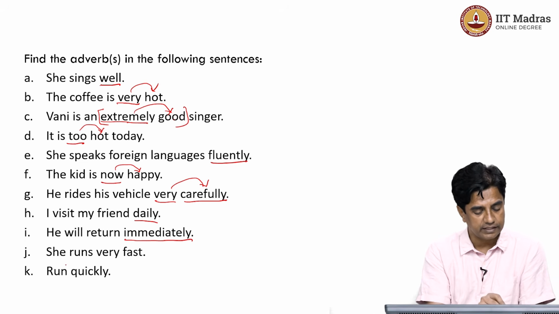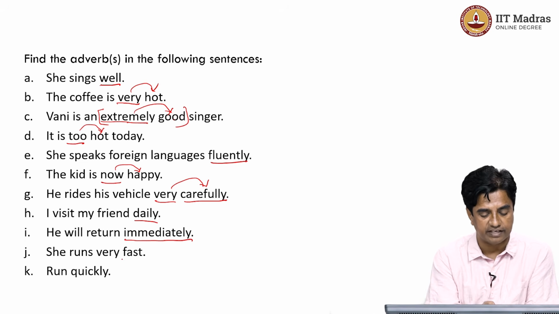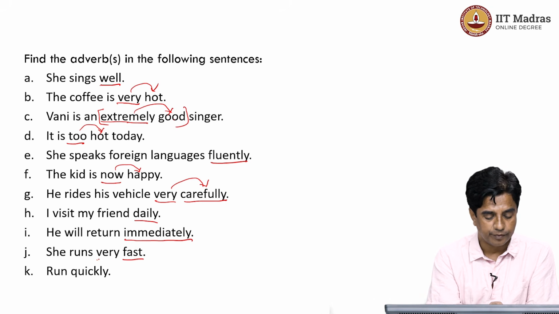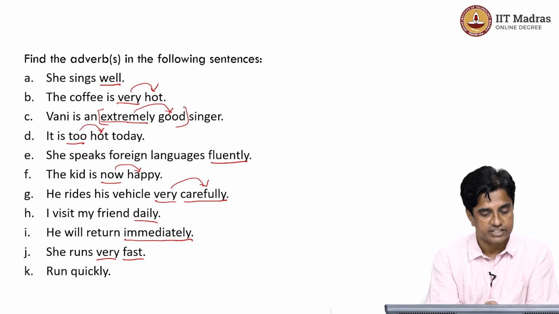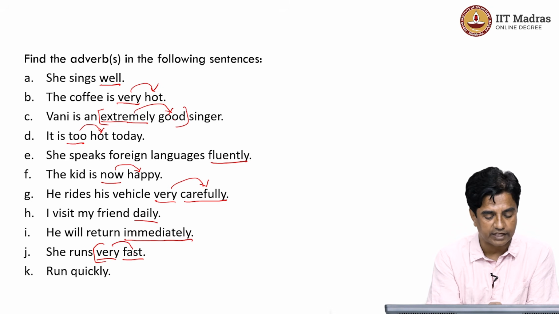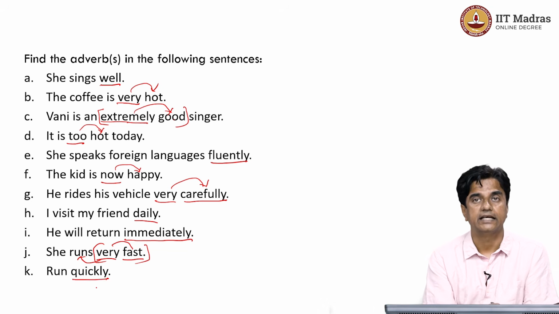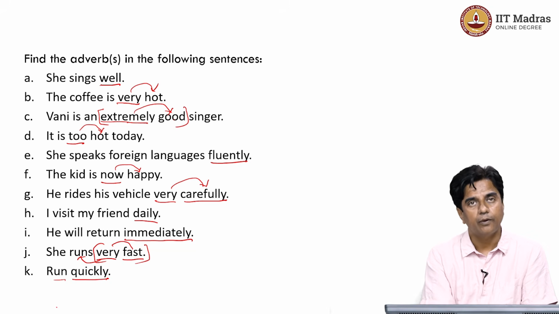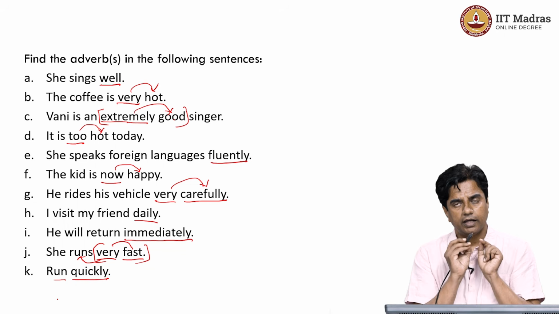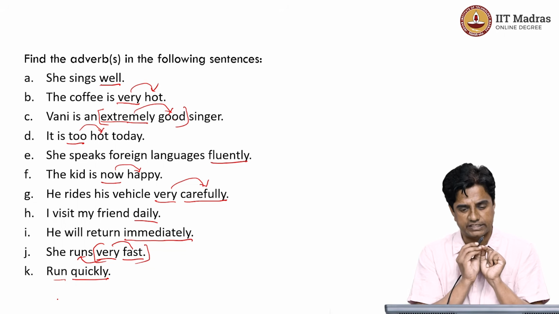And also look at, she runs very fast. Here, fast is an adverb, very is an adverb for this adverb, and together they give you information about running. Run quickly. Quickly is a word which is giving you information about running. Now, I do want to mention one more point here.